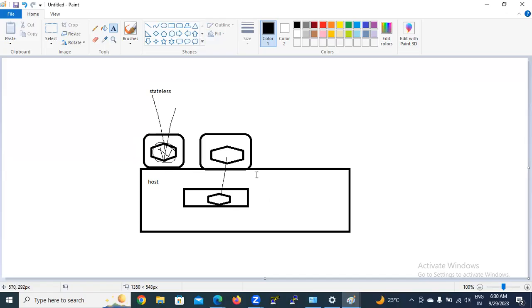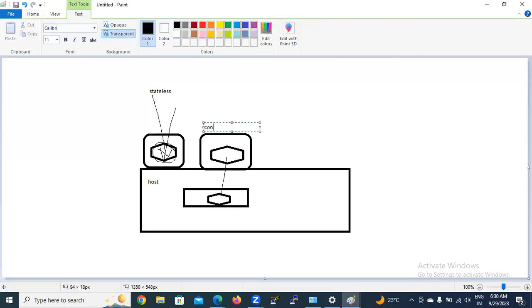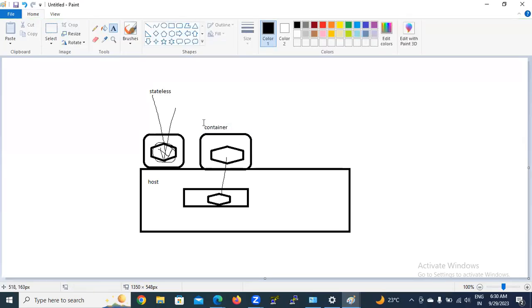This is my host. On top of it, we have installed the operating system. On top of that, Docker is installed. Then with the help of Docker, we are creating all these containers, right? For the volume side, we have only one option.